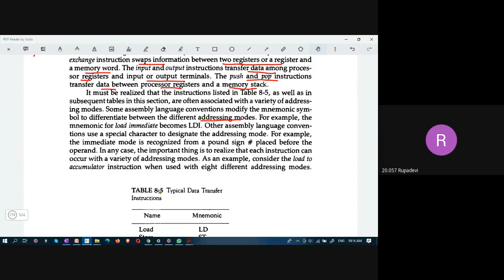Direct, indirect, implicit, ma'am. Implicit. Derived. Is there any addressing mode derived? Zero also. Zero register addressing. Immediate register mode. Yeah, immediate register. Yes. Next.